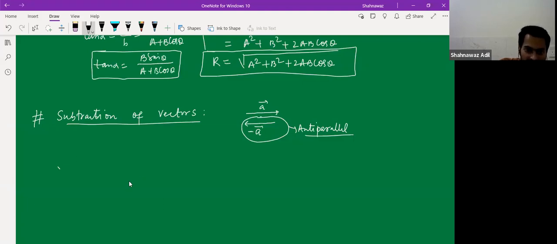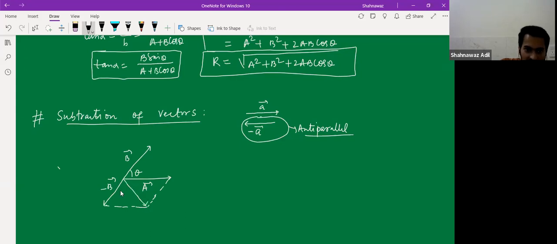Similarly for the subtraction of vectors, this is A, this is B. You take the anti-parallel of this vector with the same magnitude, which is minus B, and then you apply the parallelogram law. So you take the parallel here, this becomes the parallelogram, and you draw the diagonal.